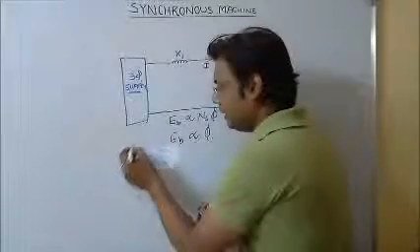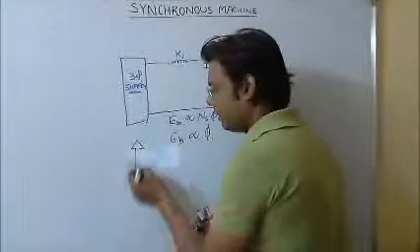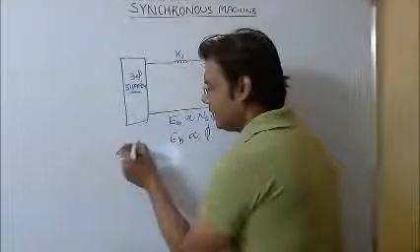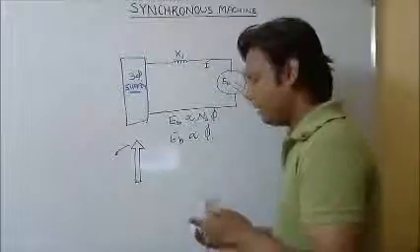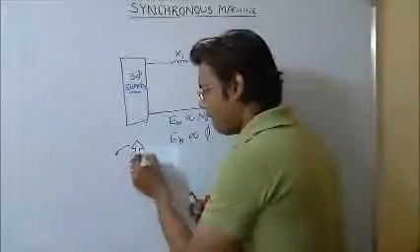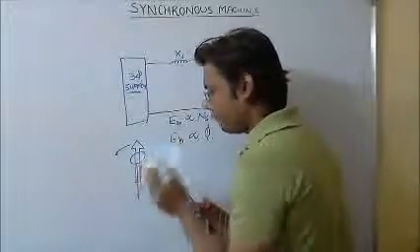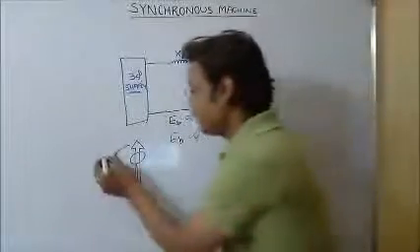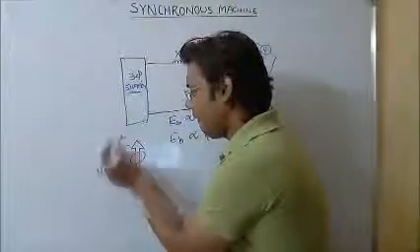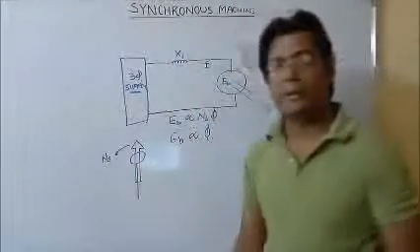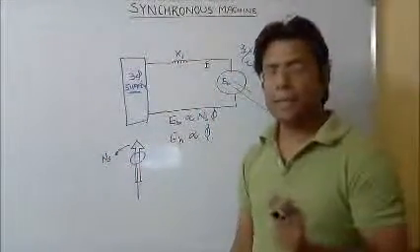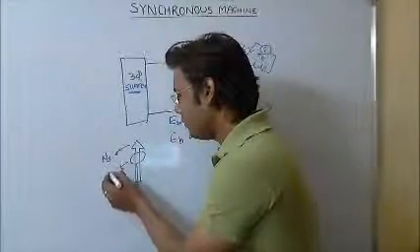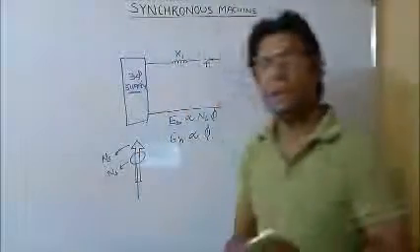Consider that my stator MMF is moving like this, and my rotor, which is over here, since my stator is moving at the speed of NS, obviously my rotor will also be moving at the same speed NS.